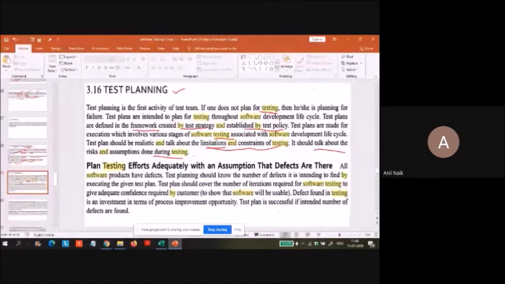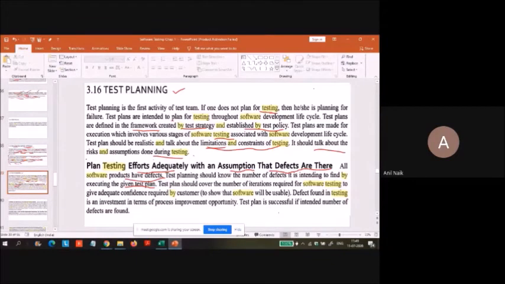Plan the testing effort adequately with the assumption that defects are there. You have to plan in such a way that you assume defects are there in the software. All software products have defects. The test planning should know the number of defects it is intended to find by executing the given test plan.